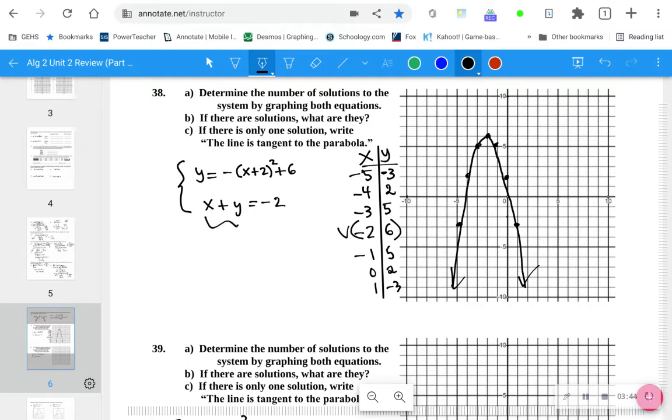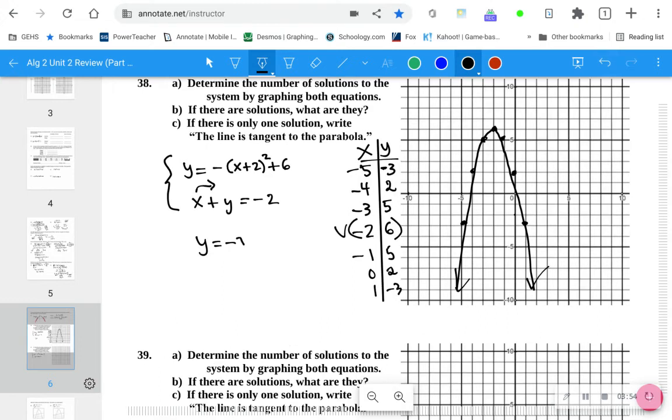Okay, the other section here is a line, so we're going to get it ready for graphing by getting the y by itself. Messed up. The x becomes negative x when it comes over. So this one has a y-intercept of negative 2 and a slope of negative 1. So that's going to take us down this direction here and back up this way here.